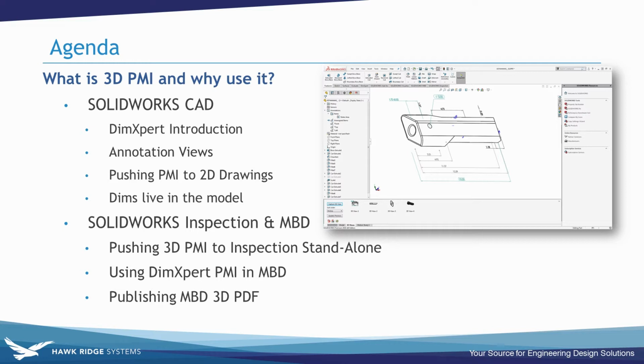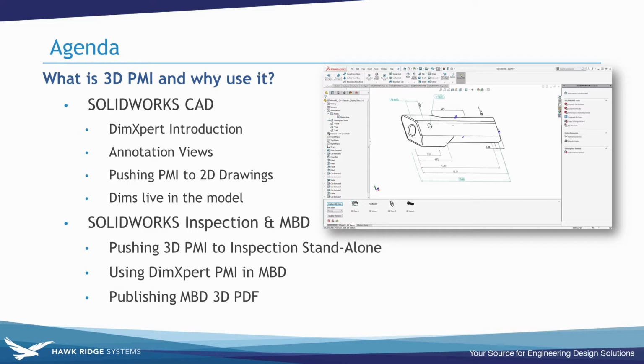Depending on what plane or view it's on, like the front, back, top, bottom, left, right, or a custom annotation view, those will show up differently in the outputs. It can be a little confusing, but we'll try to sum that up today to show you exactly how to control that.